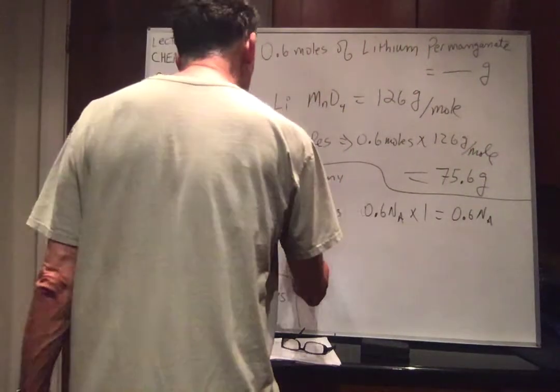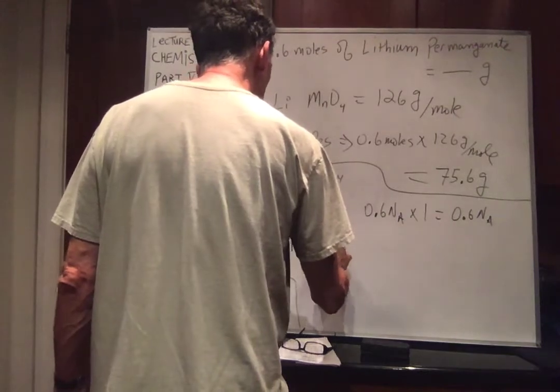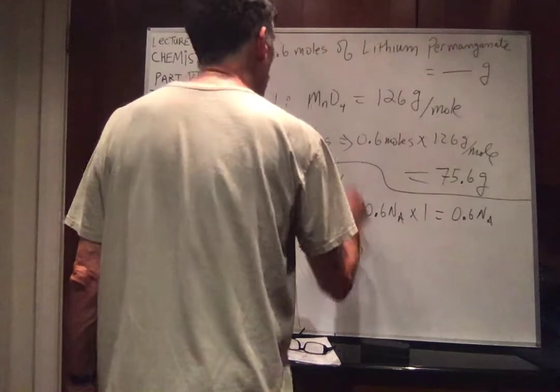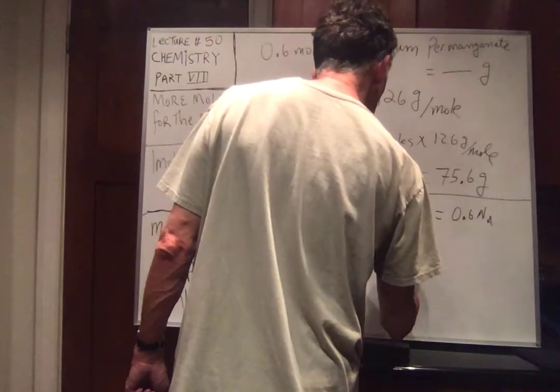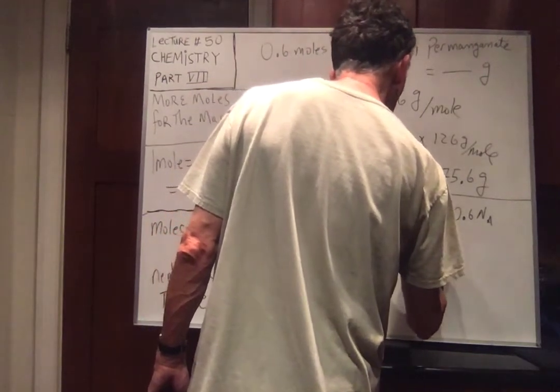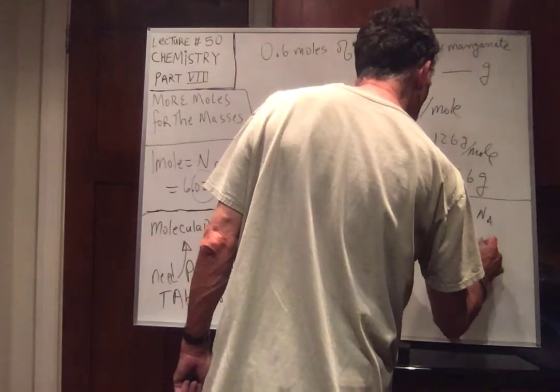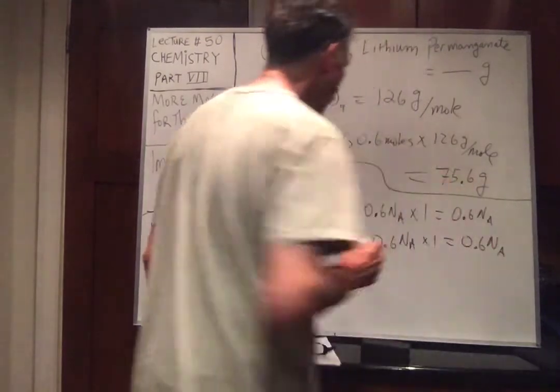Now we need the manganese atoms, Mn atoms. Once again, there's a 1 there, so it's 0.6 Na times 1 is 0.6 Na.